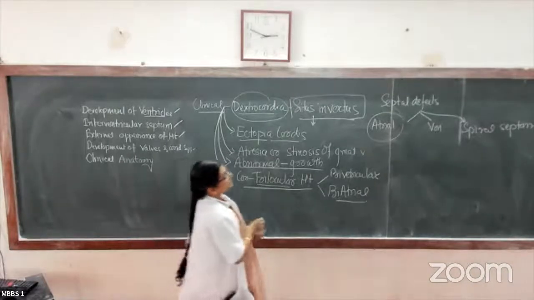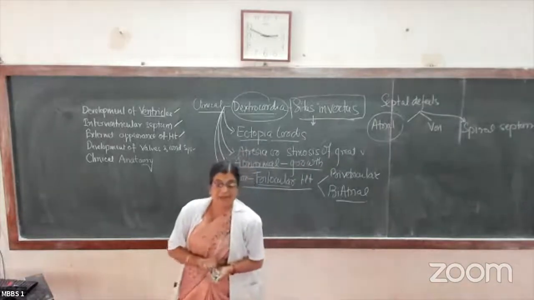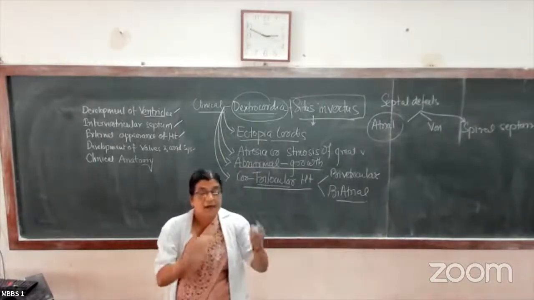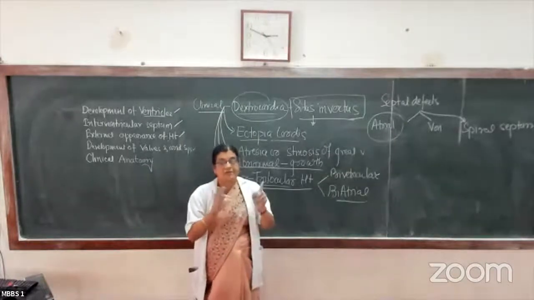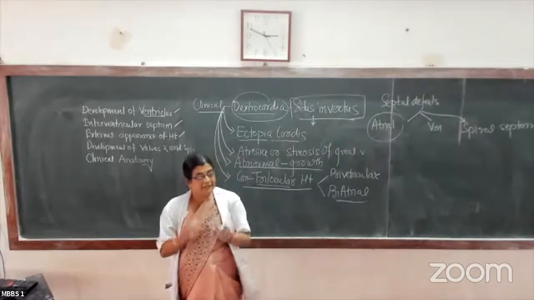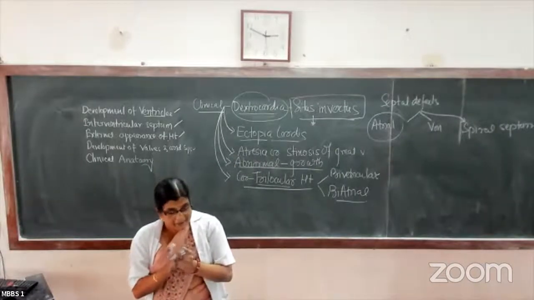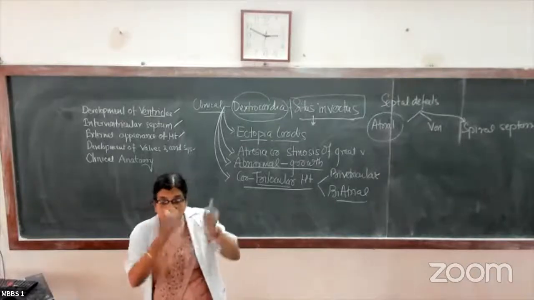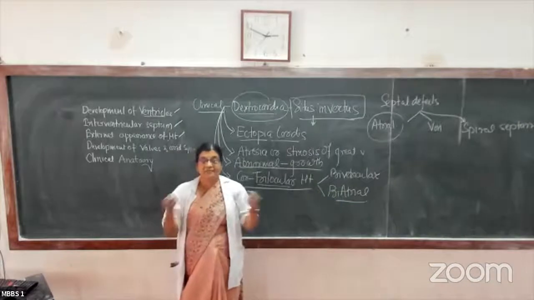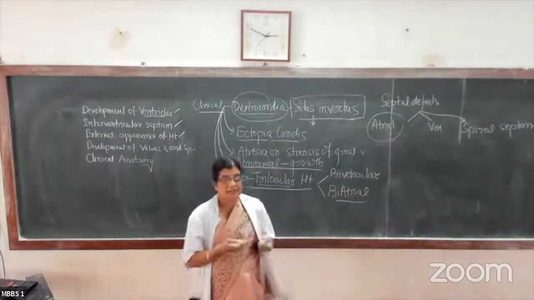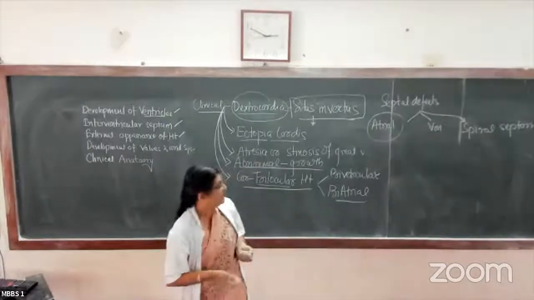But if there is a defect in the membranous part, it is very dangerous because the membranous part is very close to the atrioventricular orifices. Whenever there is a defect in the membranous part, it is possible that the 4 chambers communicate with each other and all blood is mixing, and this mixed deoxygenated and oxygenated blood will be supplied to each and every cell.